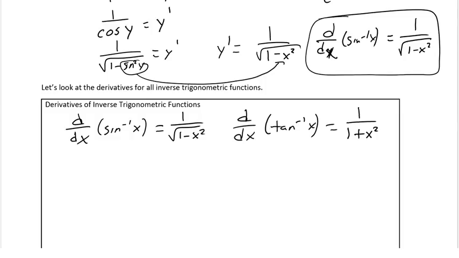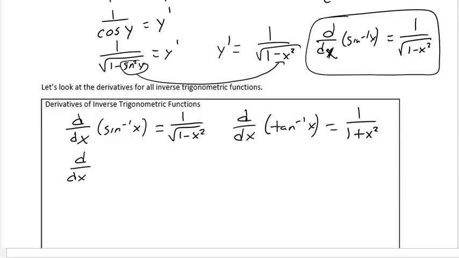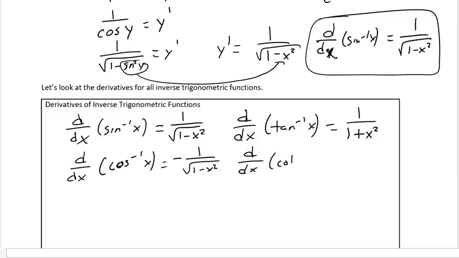Now, of course, we do have ones for the inverse cosine, which is the same as the inverse sine, except it's negative. And the derivative of the inverse cotangent is the same as the one for tangent, except it's also negative.